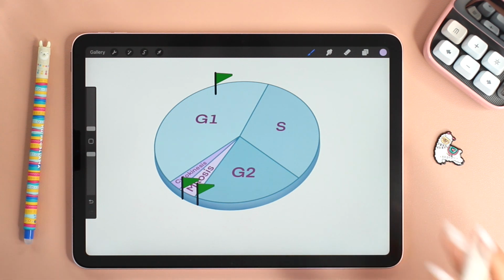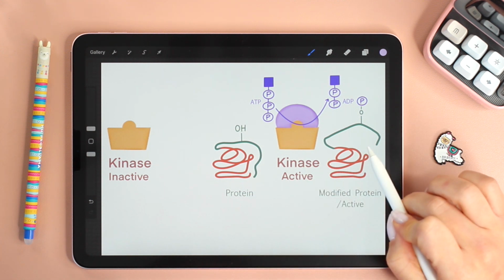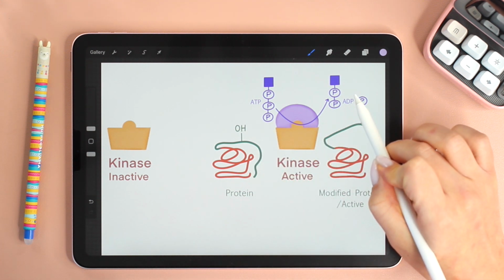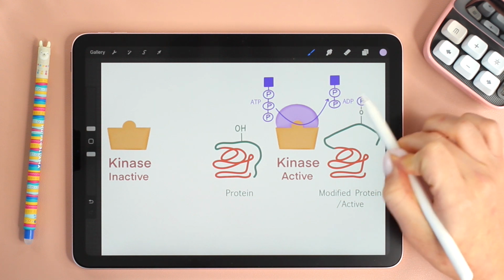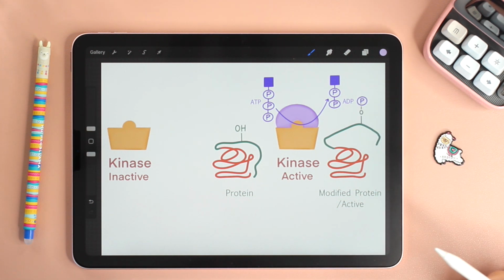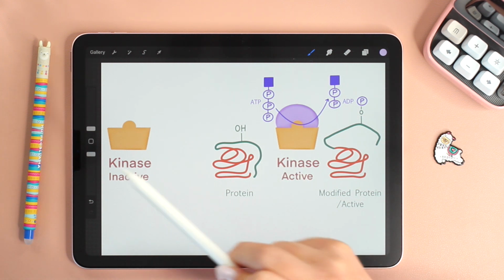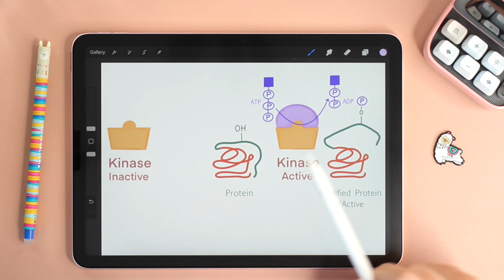Now, we're going to start with the G2 checkpoint, and specifically with the kinases and the cyclins. Kinases are enzymes that phosphorylate, meaning they add a phosphate group on proteins to either activate or inactivate them. The kinases themselves are inactive, and they need to be activated to do their function.